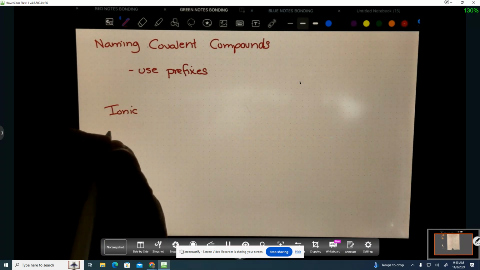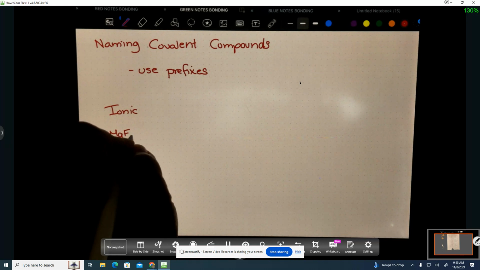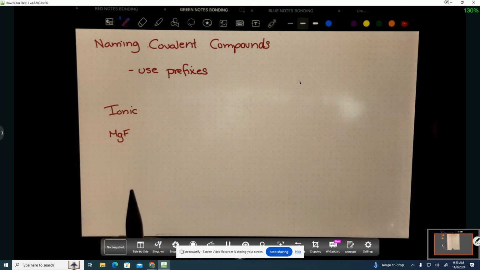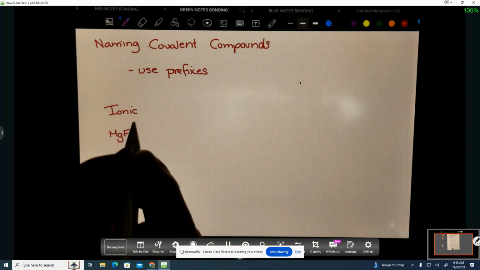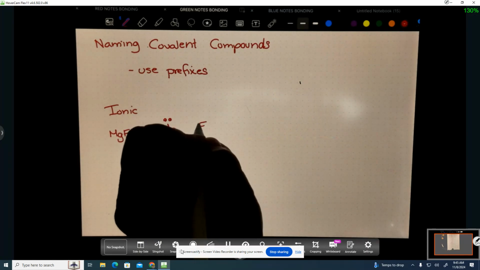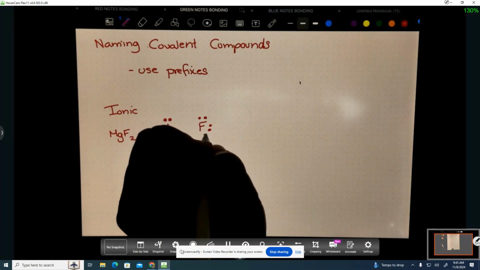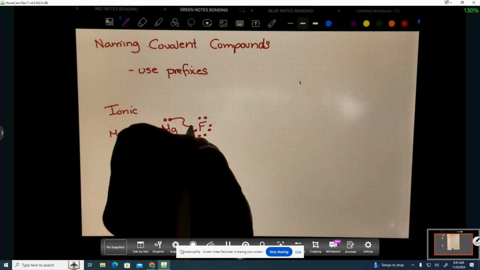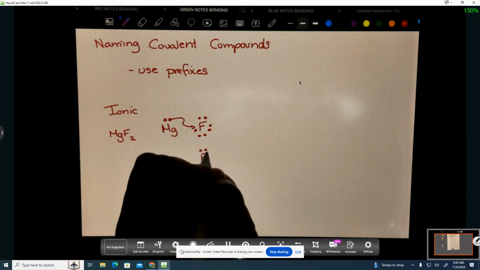If you are dealing with ionic, okay, and let's say you had MgF2. If you had this and you say to yourself, self, that's ionic because I know it's a metal and a non-metal, and I ask you to draw it, I'm talking about drawing the electrons. I'm talking about showing that the electrons are being transferred from one to the other.